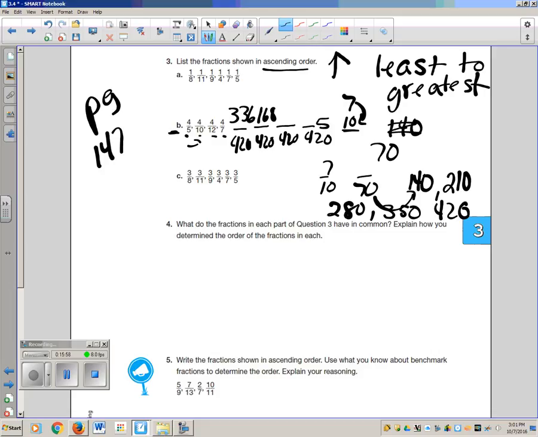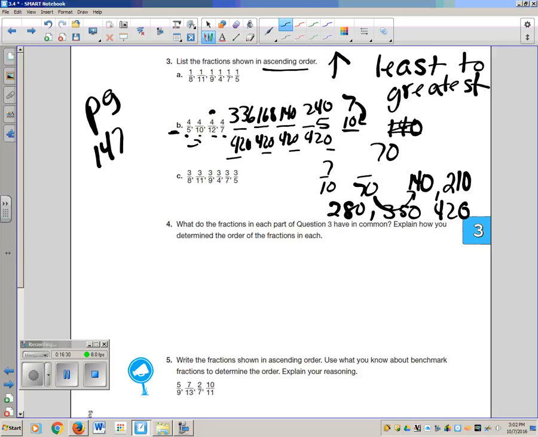First you got to find 420 divided by 12. That's 35. 35 times 4 is 140. And then 420 divided by 7 is 60. 60 times 4 is 240. We did common denominators. Now we can write them in ascending order.